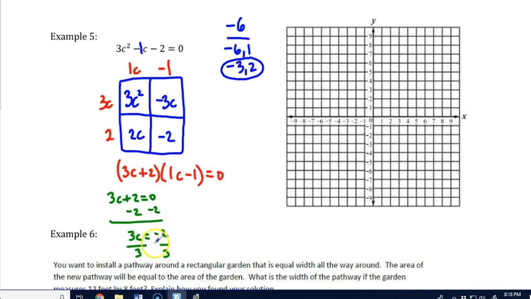So this we've got negative 2/3. So that's one of our zeros. I'll work the other one out in a different color. How about a nice black? One equals the other 0.